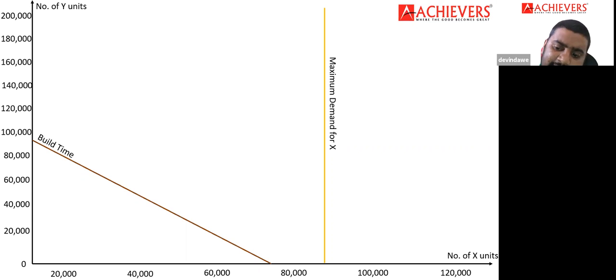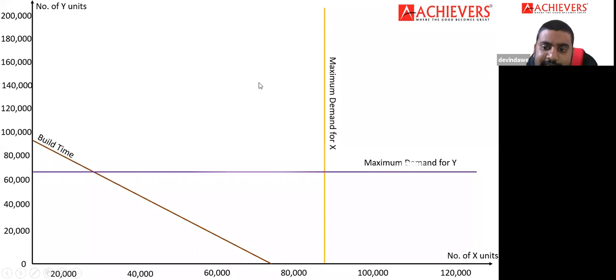So just like the maximum demand for X, the maximum demand for Y will appear like this. Clear? At 66,000, a flat line across the graph indicating that you can't go above 66,000. Maximum is 66,000. Clear? Any questions?